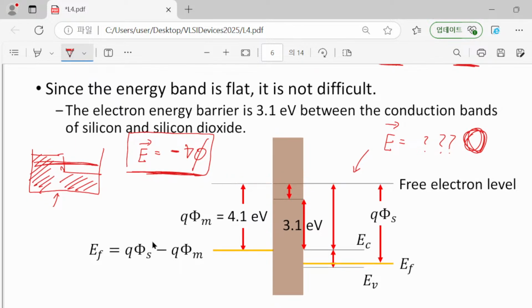Then also we can ask this question: what is the hole density and what is the electron density at this point? Can you guess? Yes, you can. If you know the energetic difference between your Fermi level and EC, and Fermi level and EV, you can immediately calculate the hole density and electron density.